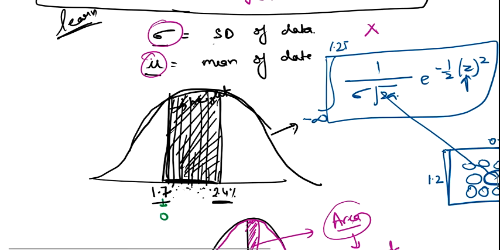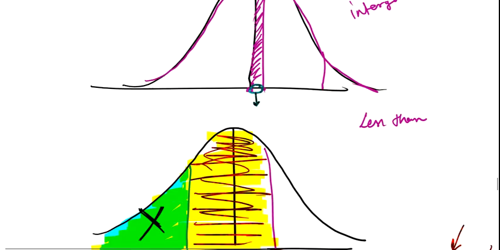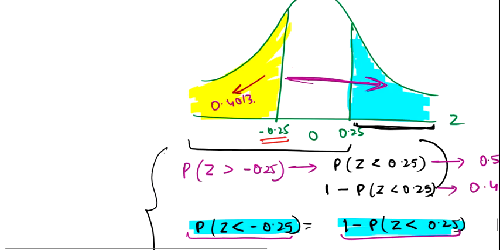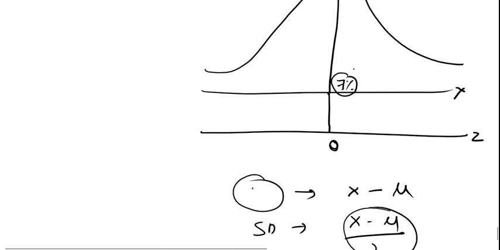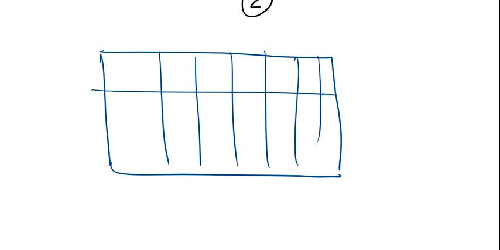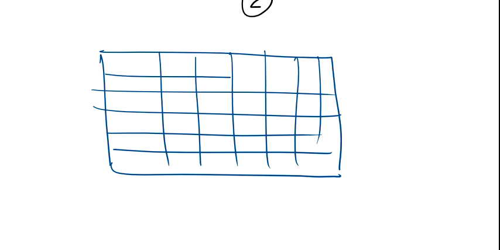So I can refer to the table, and without doing the integration I can find out the probability. But what if this table had not been there? I would have to solve each and every integration. So in order to simplify the process of integration, we have done our integration only once, and I have entered all the values of z in our table, so that I do not have to go again and again for the integration.